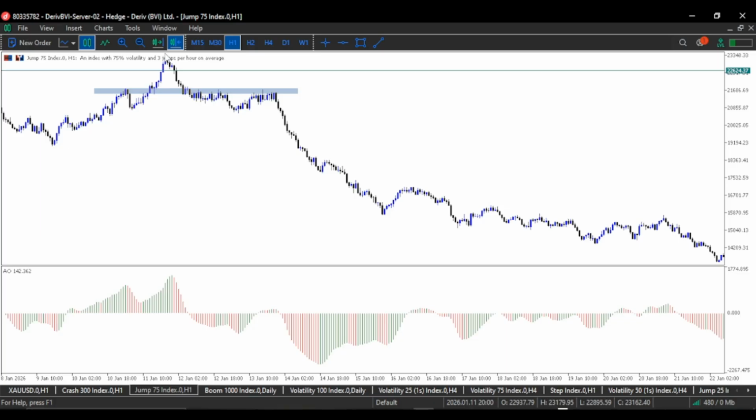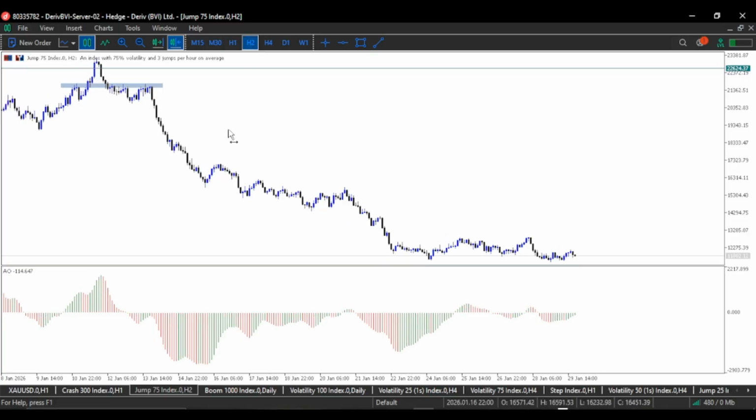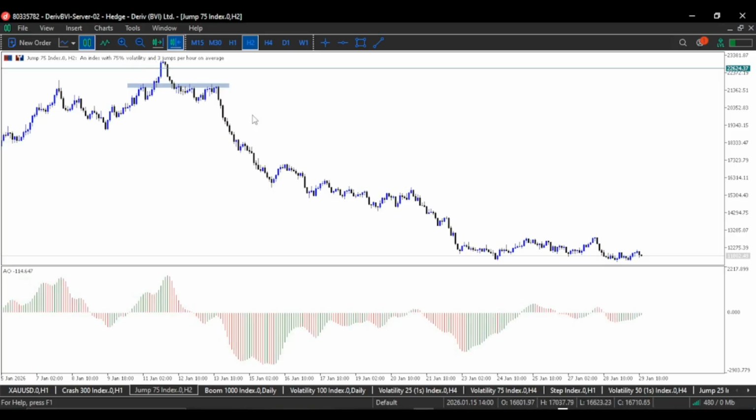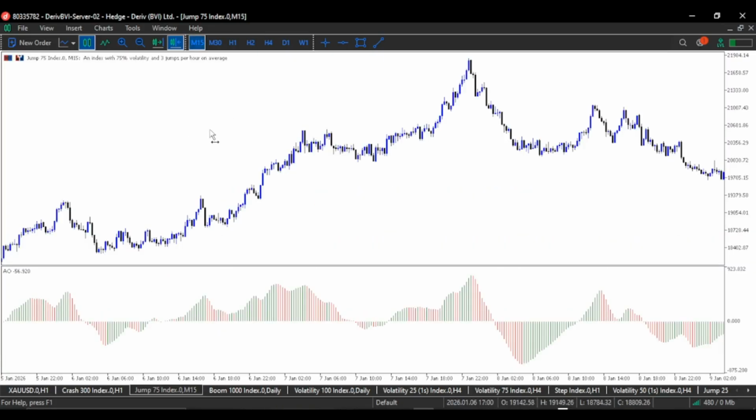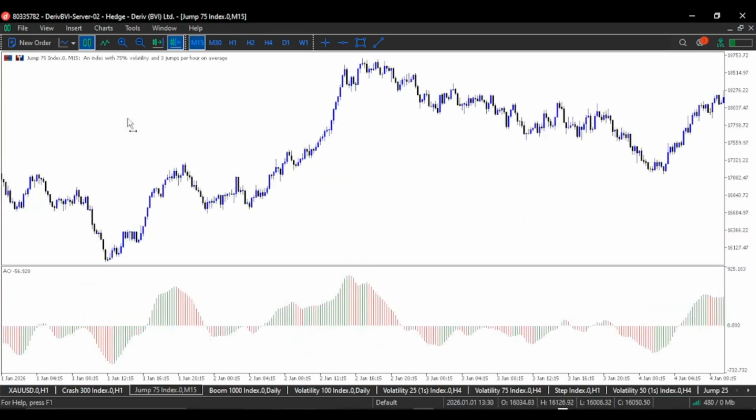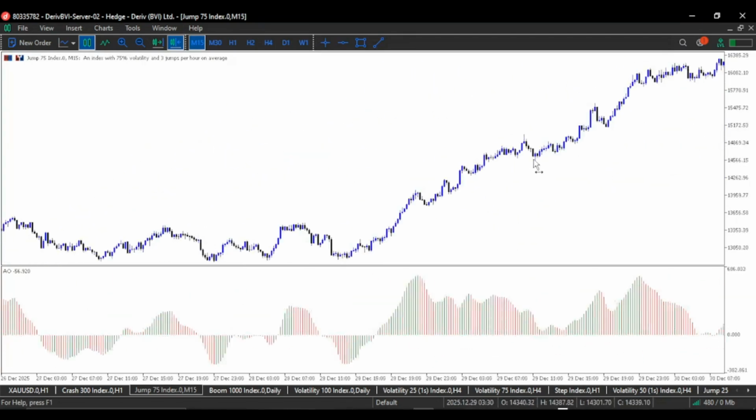So remember, we're either looking for our regular divergence, or from here to here we are looking for our hidden divergence. It can be a regular divergence, or it can be the hidden divergence.